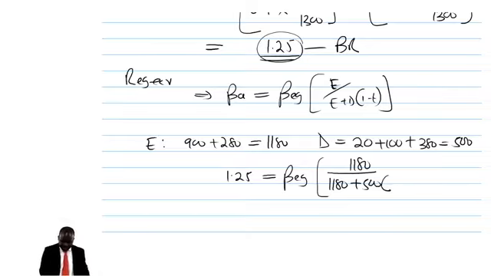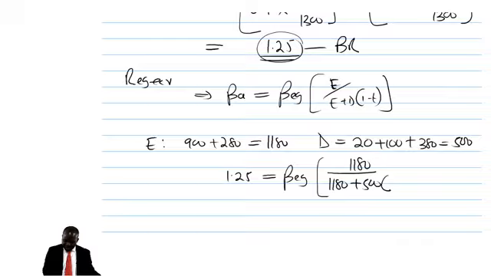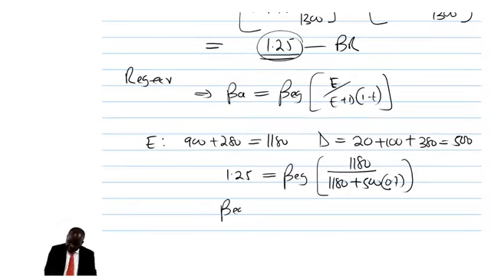The question is giving us the forecast rate of corporation tax is expected to be 30%. So if it is 30%, this one will represent 70%. And what will be the equity beta geared? So the equity beta geared will be 500 times 0.7 plus 1,180, multiplied by 1.25 divided by 1,180, and that is giving 1.62.